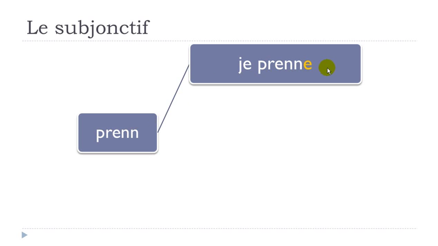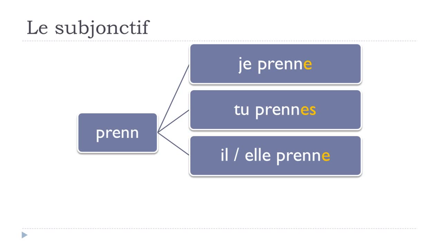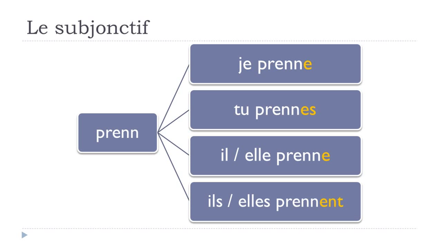The ending for je will be e, okay? The ending for tu will be es. The ending for il, elle will be e, and the ending for ils, elles at the plural form will be ent, okay?